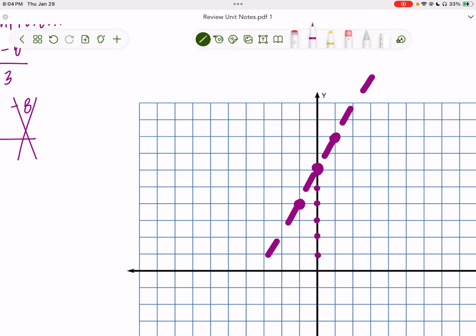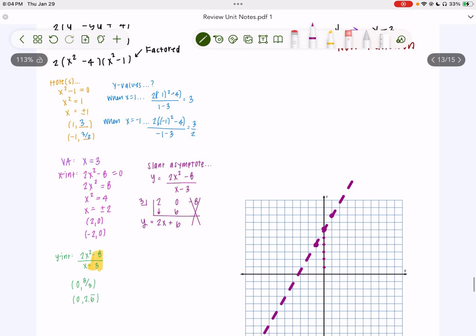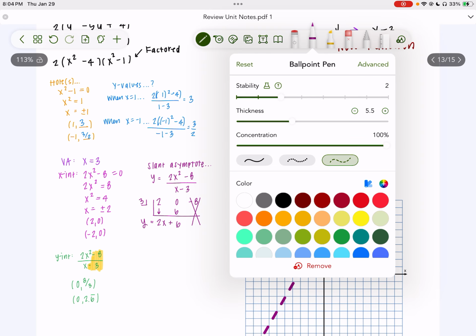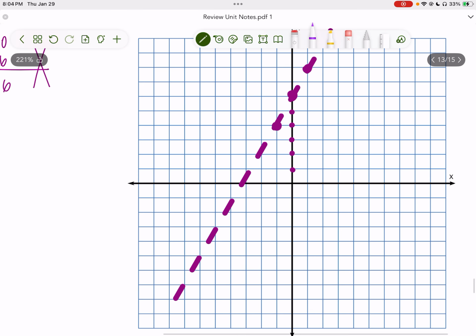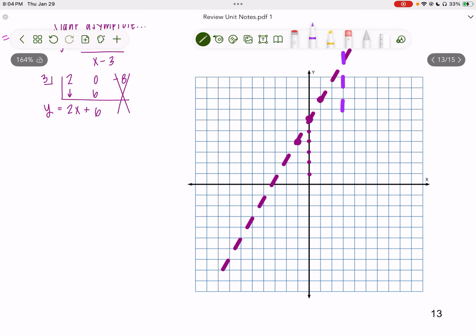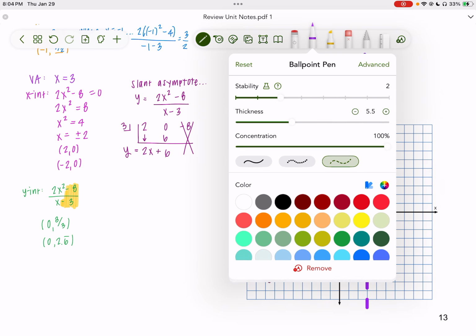So I'll draw my dashed line there. Oops, let me make that a bigger line. There we go. And then for my vertical asymptote, I have a 3. So let's go over to 3 and draw that line. And then let me extend it a little bit. There we go.